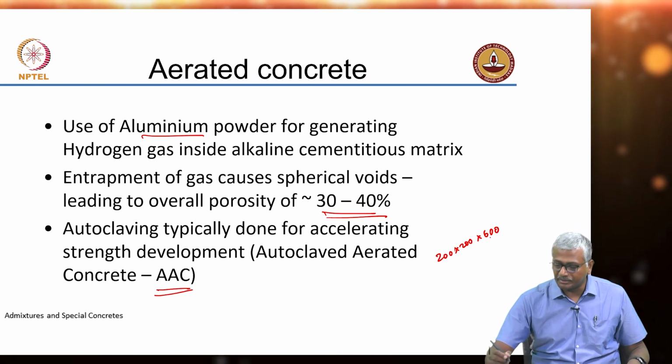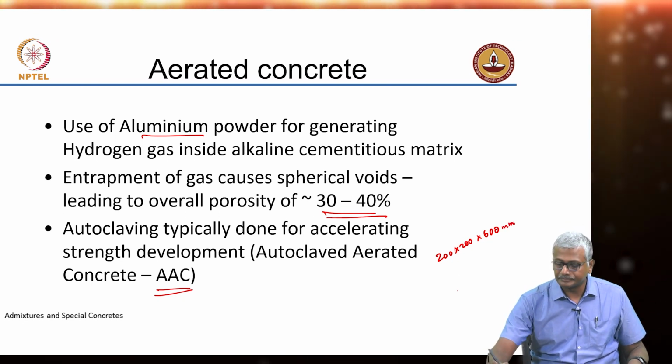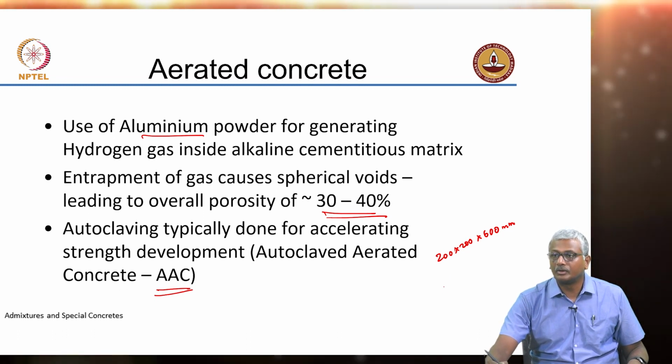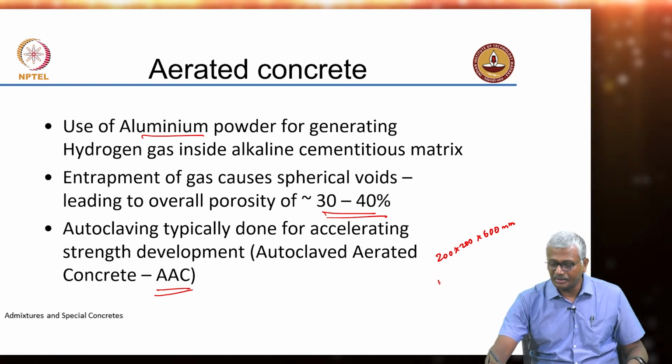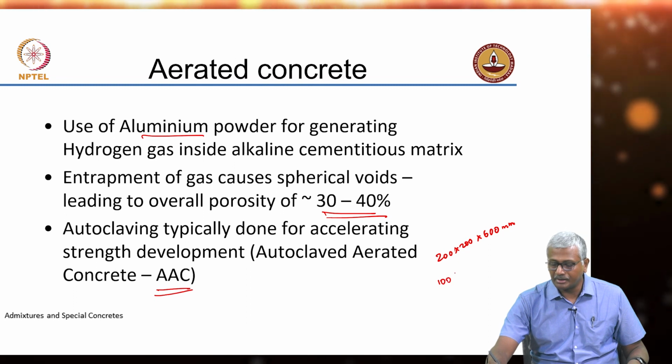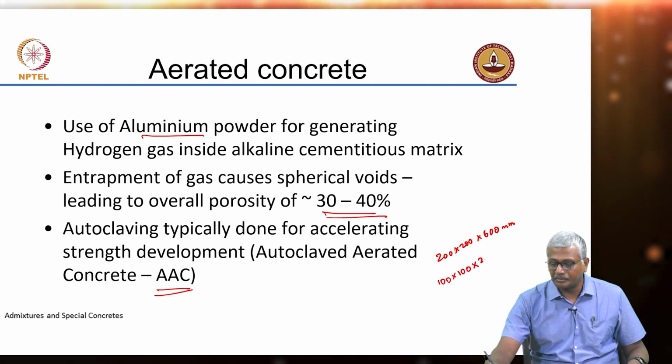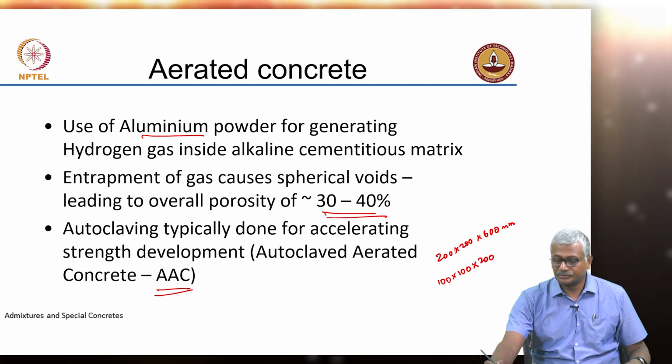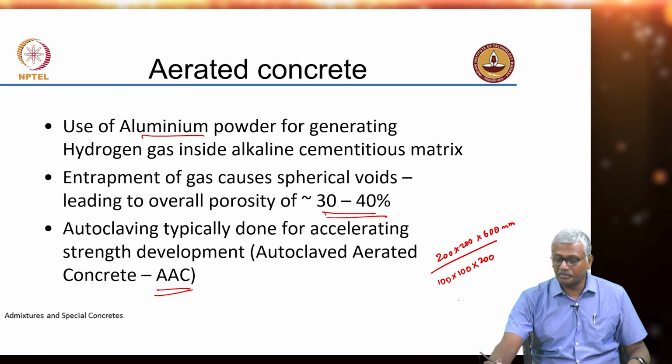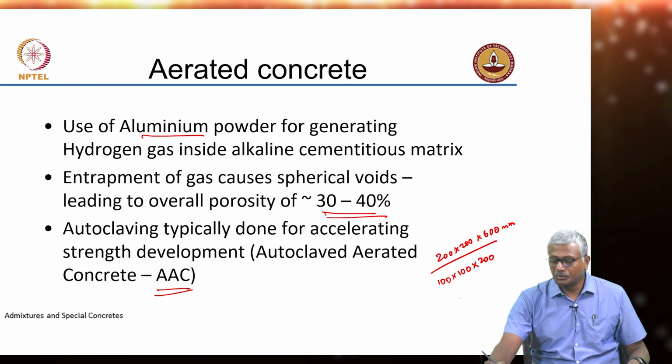What is the size of a brick? Yeah, so essentially 100 by 100 by 200. So, now you can see how many bricks are there, right, 2 into 2 into 3.